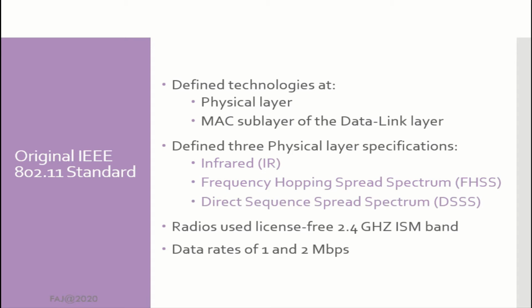It defines technology at the physical and data link layer, and defines three physical layer specifications. The first one is infrared. Second is frequency hopping spread spectrum. And the third one is direct sequence spread spectrum. It uses the 2.4 GHz ISM band and data rates of 1 and 2 megabit per second.